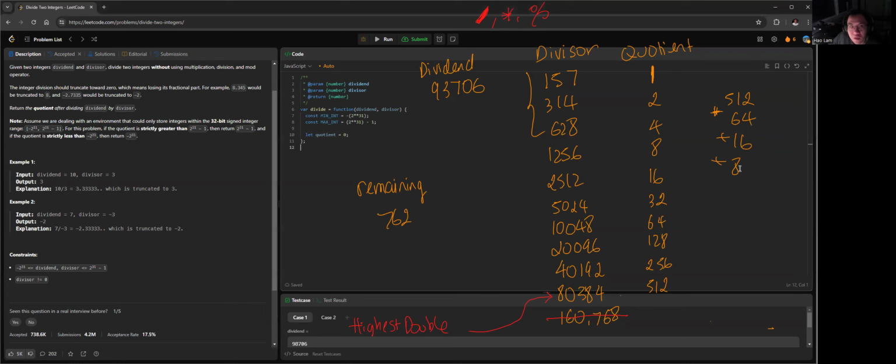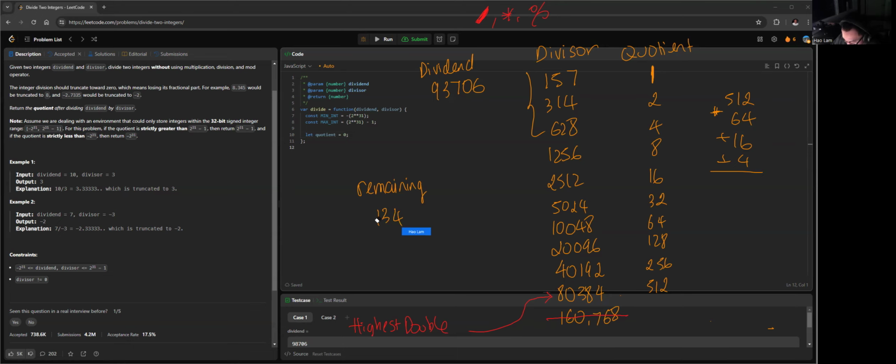Yes, this number is 4. Then we subtract the highest double from the remaining, which is 628. So we're going to have 134 left.